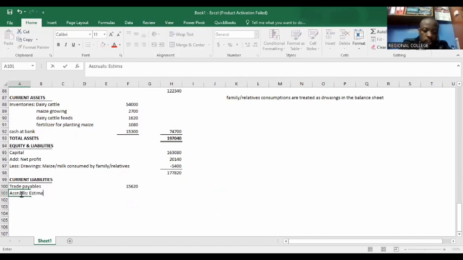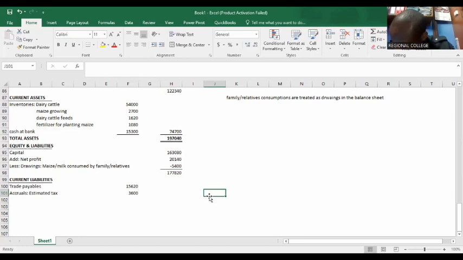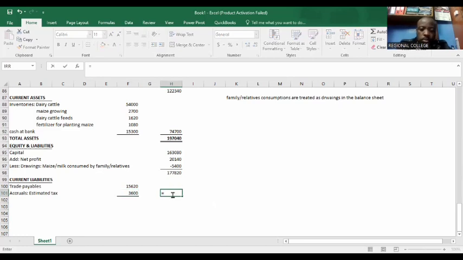So estimated tax, how much was estimated to be paid? 3.6. So it is accruing, not yet paid. If there are only those two, what is the total here? 57,040.